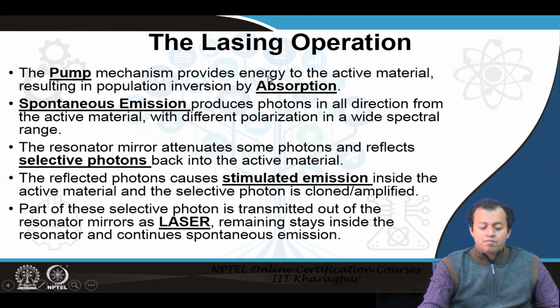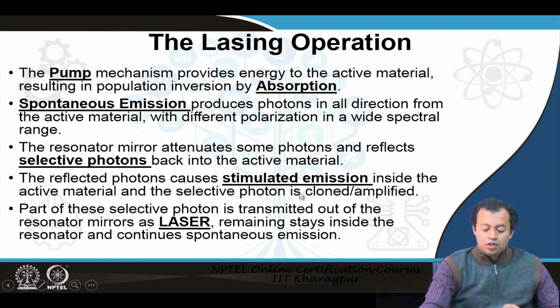The pump mechanism provides energy for absorption. The spontaneous emission produces photons in all directions in the active material. The resonator mirror attenuates some photons and reflects selective photons back into the active material. The reflected photons cause stimulated emission inside the active material, and the selective photons are cloned or amplified.